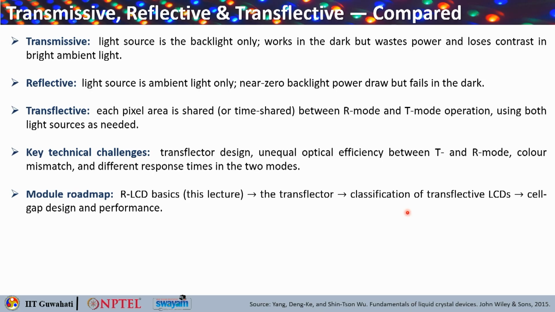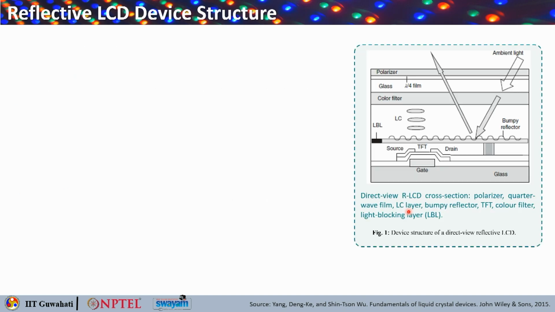And a cell gap or retarder that is correct for one pass wavelength is generally going to be wrong for the second one. Okay. So, a dual cell gap or a patterned retarder or some kind of mixed liquid crystal modes are basically used. So, now let us look into the reflective LCD device structure.